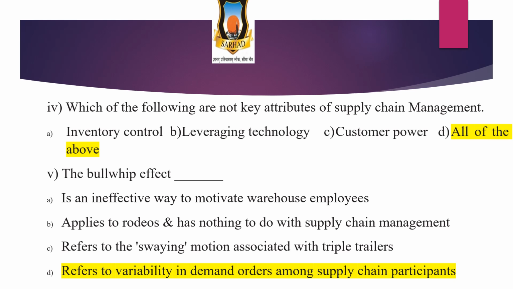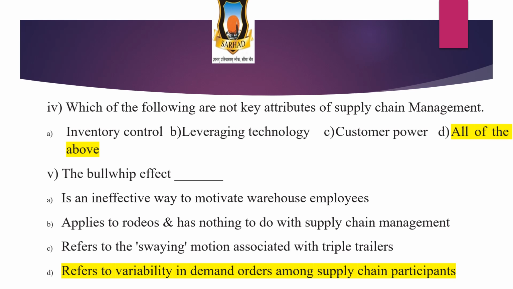The next is: which of the following are not key attributes of supply chain management? The options are inventory control, leveraging technology, and customer power. And the correct answer is all of the above. The next is the bullwhip effect.